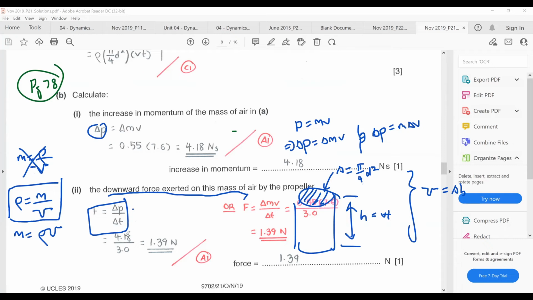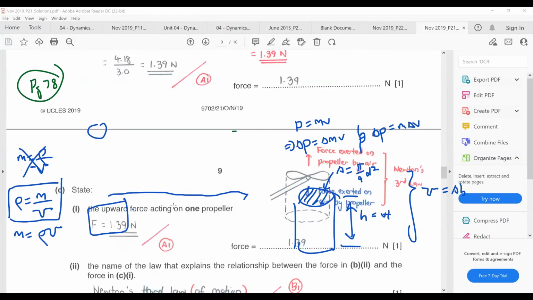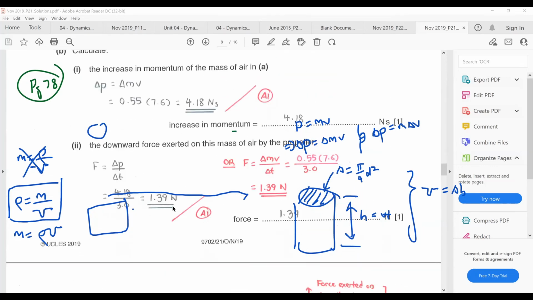You divide by time, then you get the force. So you take your change in momentum, divide by your time, and you get the answer as 1.39 Newton. This is the force that's exerted on the air by the propeller. Okay, so that part is fine.